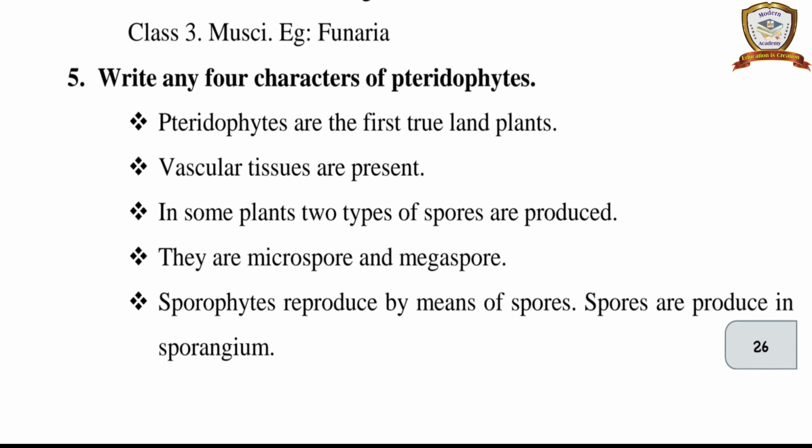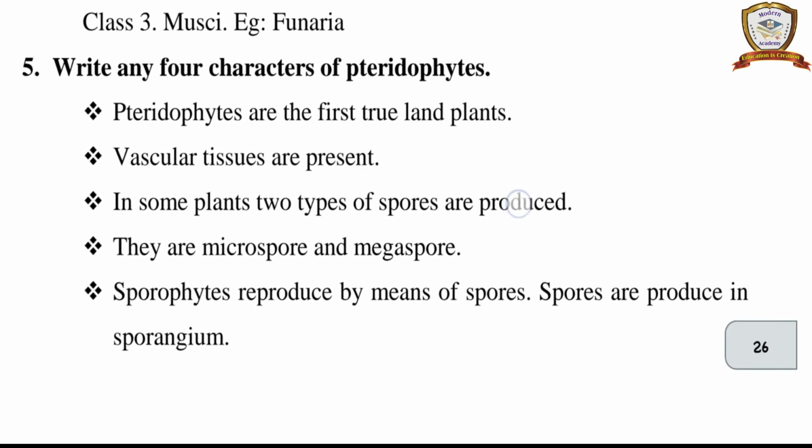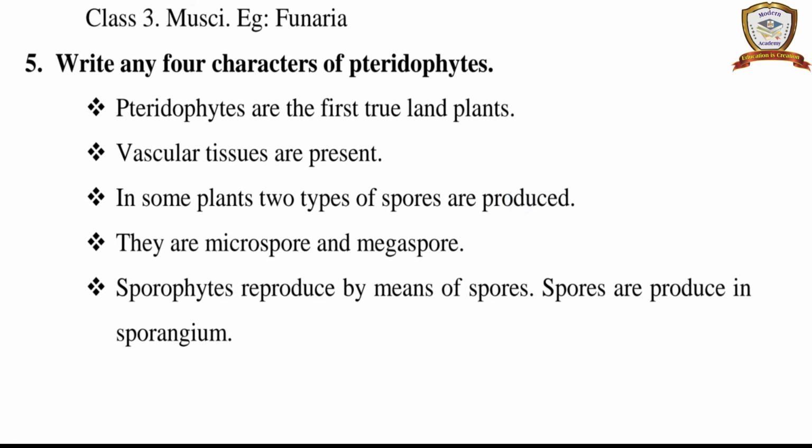Write any 4 characters of Pteridophytes. Pteridophytes are the first true land plants. Vascular tissues are present.